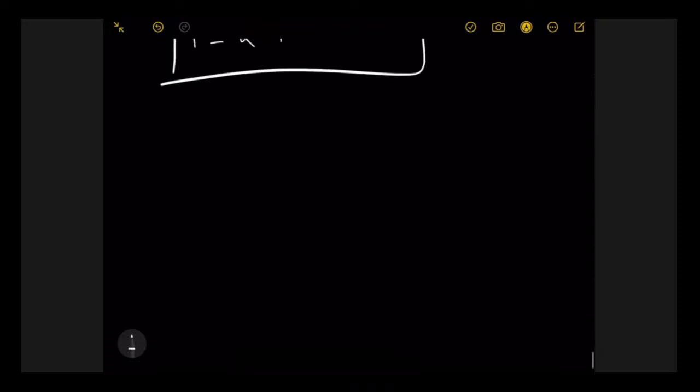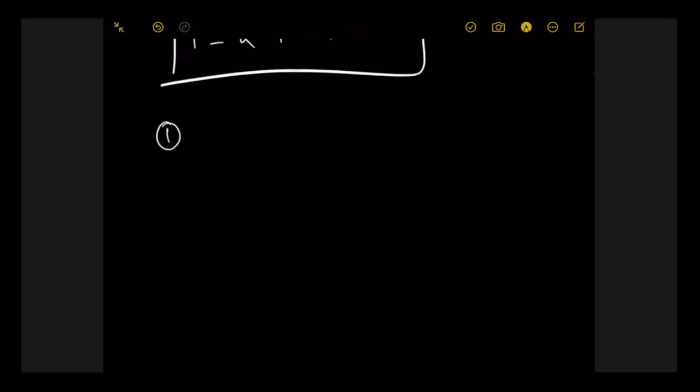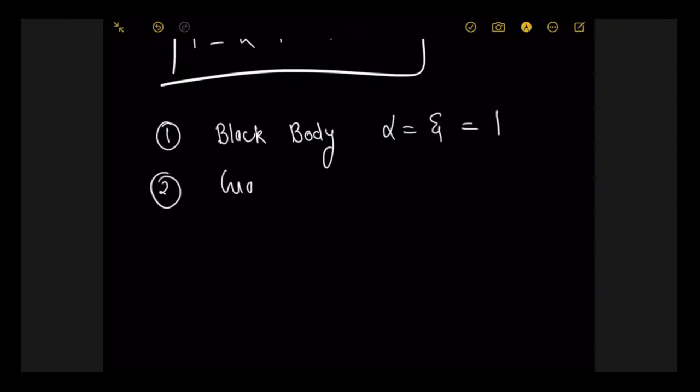So we actually have three bodies. First one is the black body, in which absorptivity alpha equals emissivity equals 1. Then we have the gray body, absorptivity equals emissivity, but it is not equal to 1.